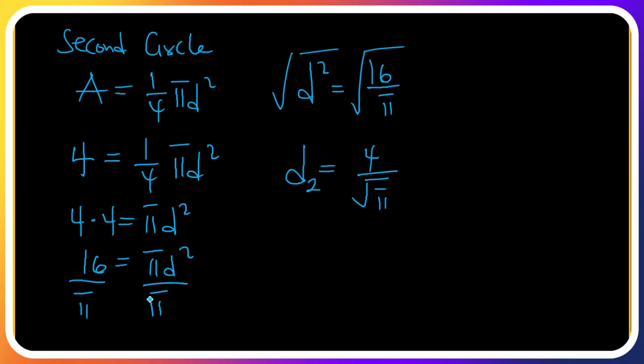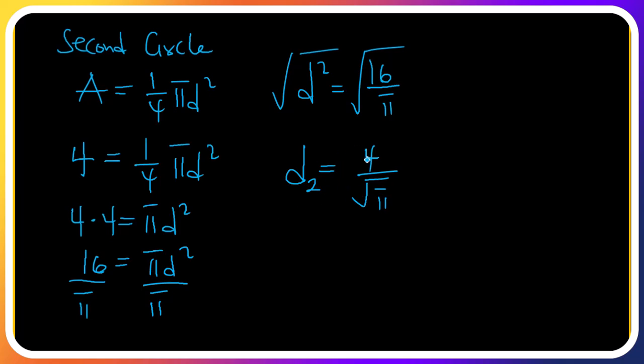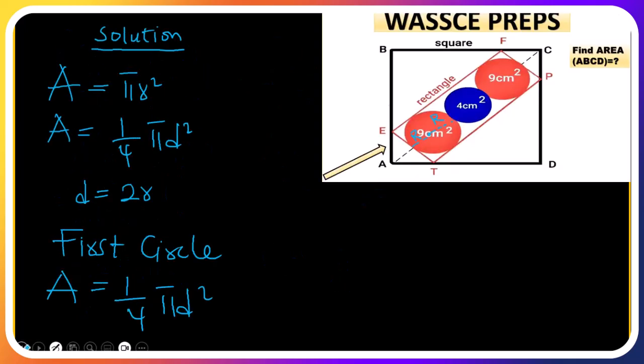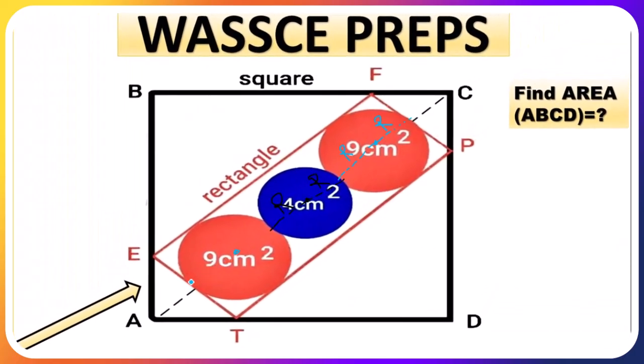Diameter 1, for the first circle, is 6 on square root of pi, and diameter 2, for the second circle, is 4 on square root of pi, and the third diameter is synonymous to the first one.